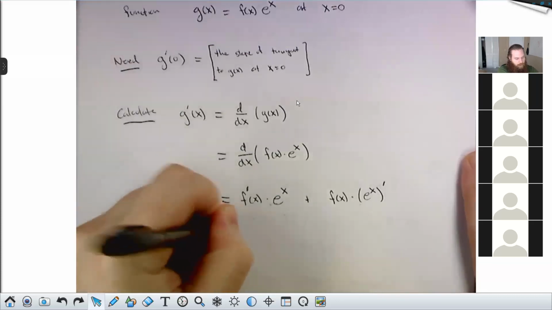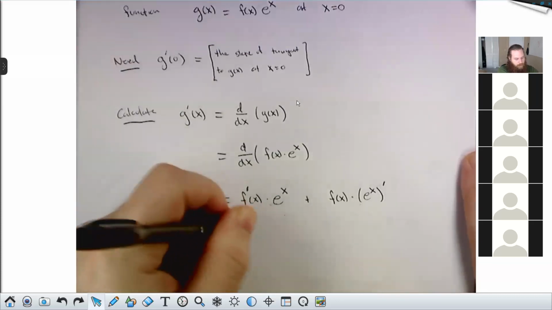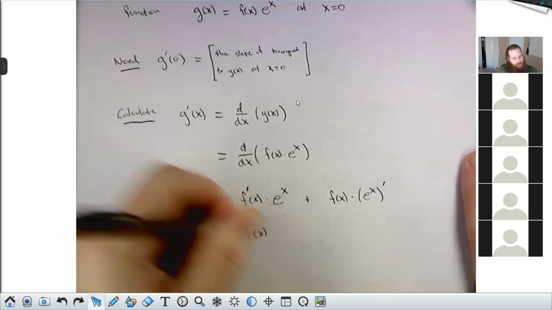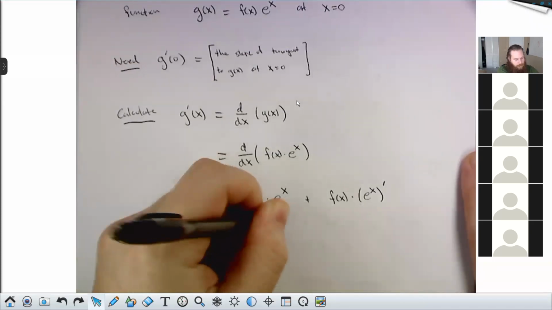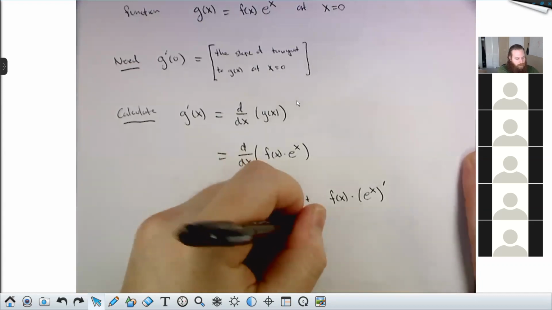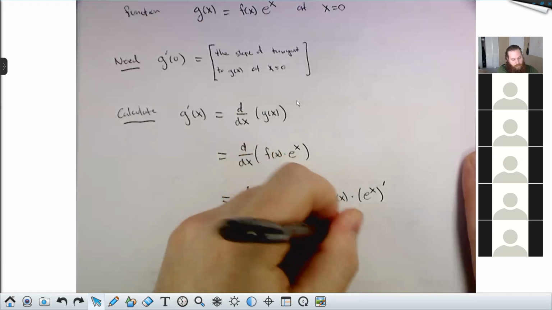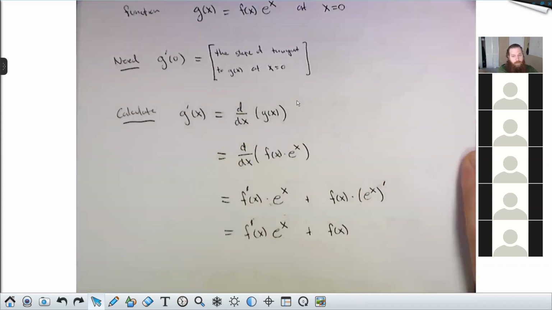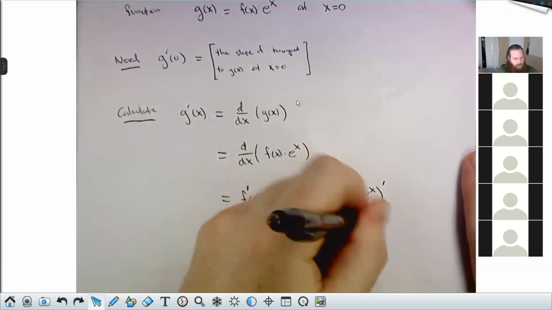Now the derivative of f, I have no idea what that is. It's just f primed of x. Nobody told me what f of x was, so I can't compute that explicitly. I just leave it as it is. And over here, similarly, I don't know what f of x is, but I do know what the derivative of e to the x is. That's just e to the x.